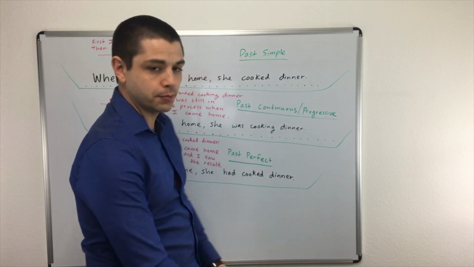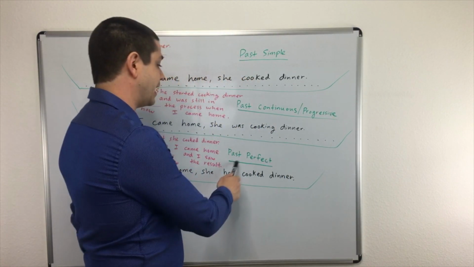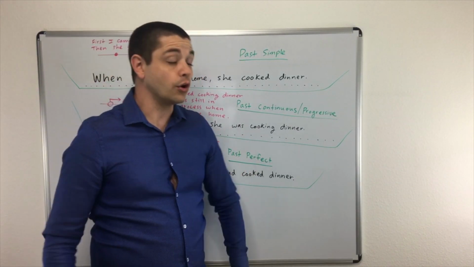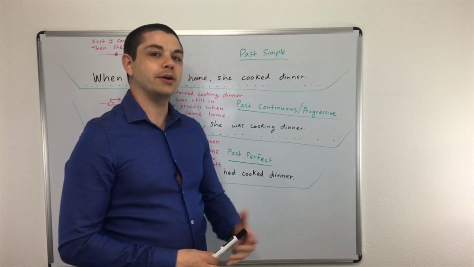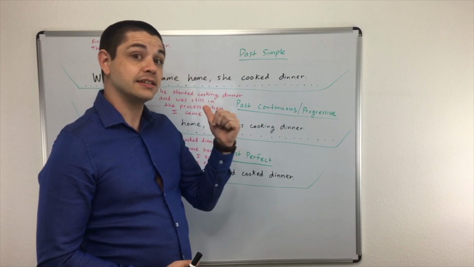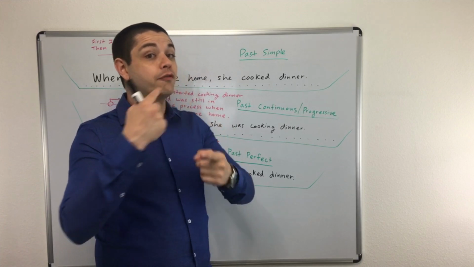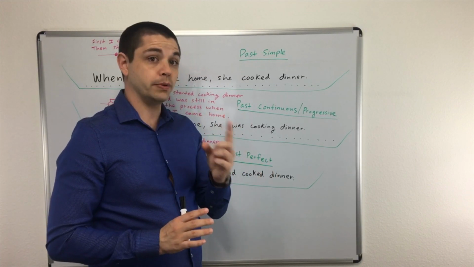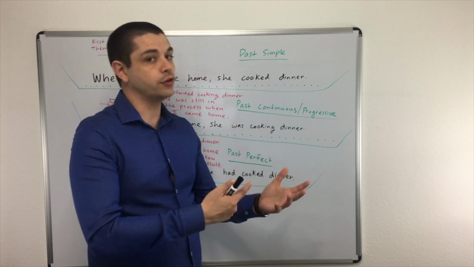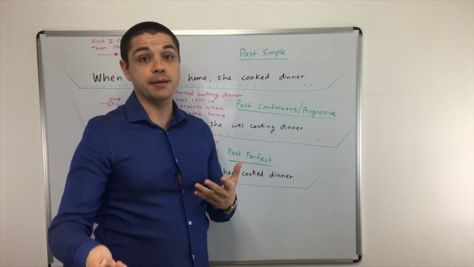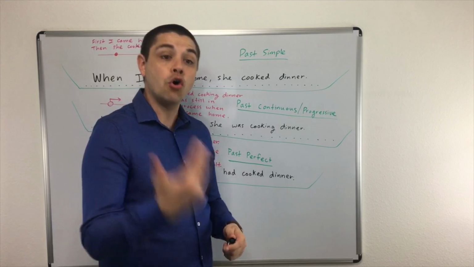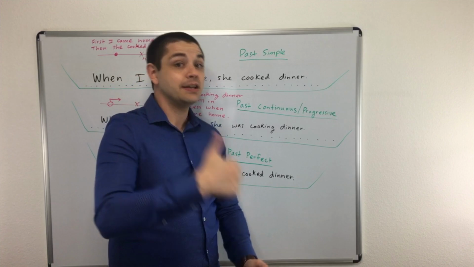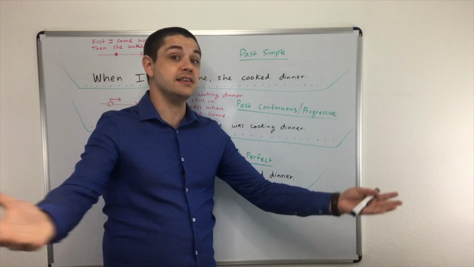And the last verb tense that we're going to talk about today is past perfect. Past perfect is quite difficult. And past perfect talks about two actions in the past, and one of them happened before the other. So usually we're going to have one verb in past perfect and one verb in past simple. For example, when I came home, I understood I had forgotten my keys.